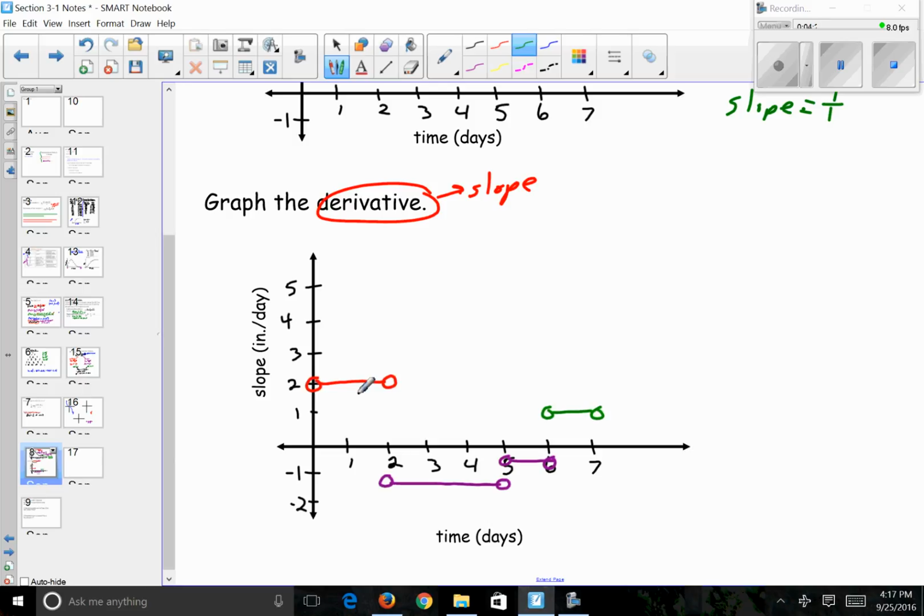So maybe it's now cloudy or it's sprinkling. Not hard enough to increase the depth, but enough that it slows it down. And then from days 6 to 7, our depth is increasing again because its derivative is positive, meaning the rate of change is positive. So I would say it's raining again, but not as heavy as it was raining from days 0 to 2.